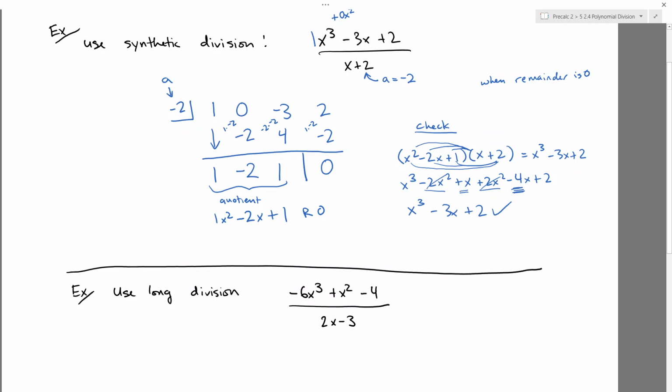So we can factor things when the remainder is 0. So this is perfectly factoring the dividend.